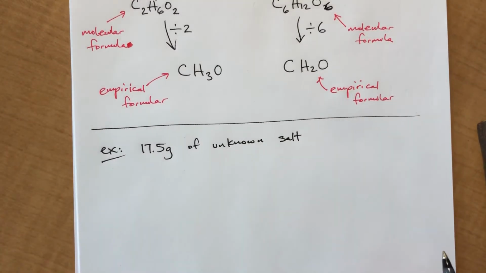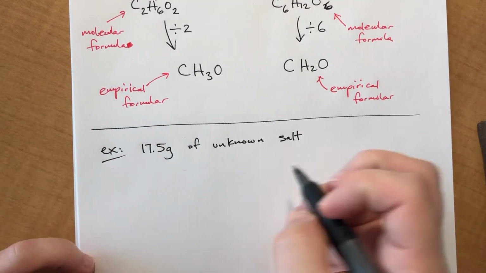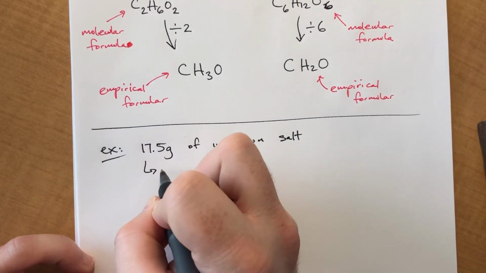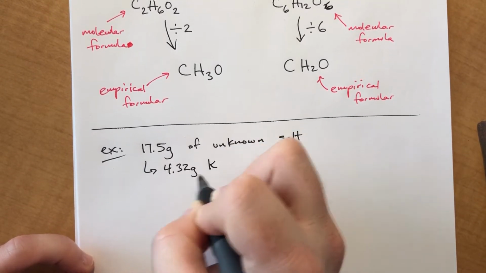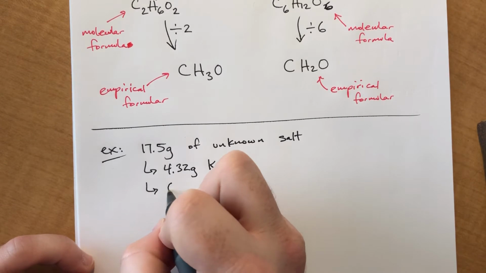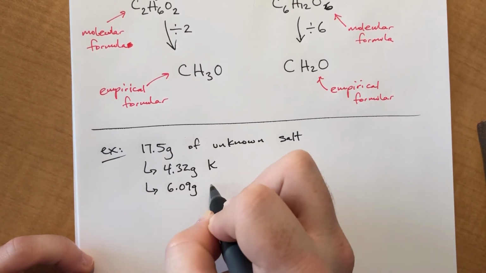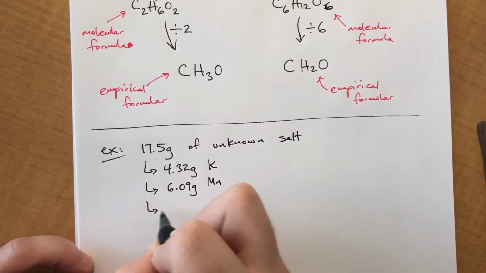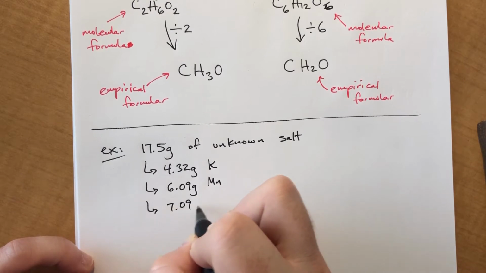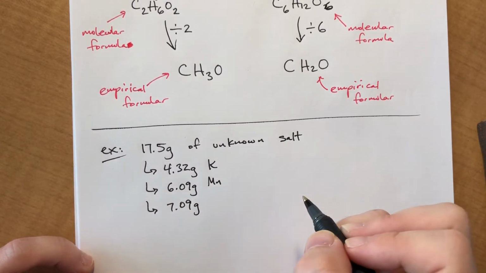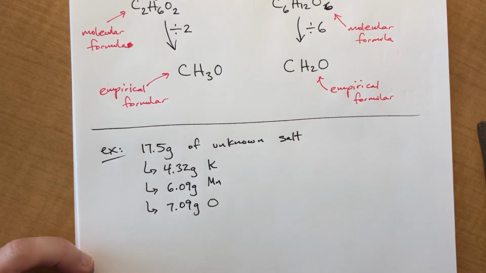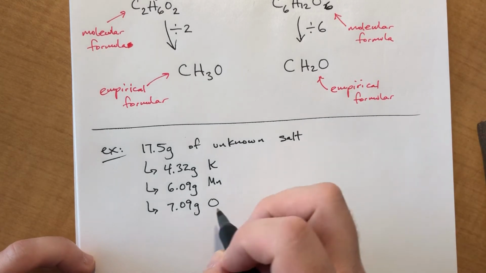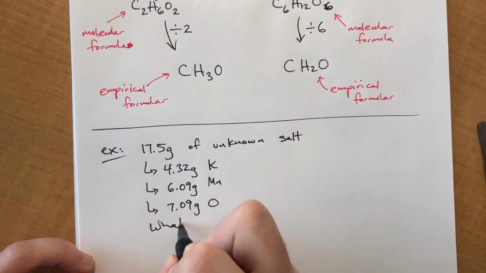I mean, we know what the elements are, but we don't know the formula. We know that if you break it down, 4.32 grams of that are potassium, 6.09 grams are manganese, and 7.09 grams are oxygen. Okay, so what we want to know is, what is the empirical formula?